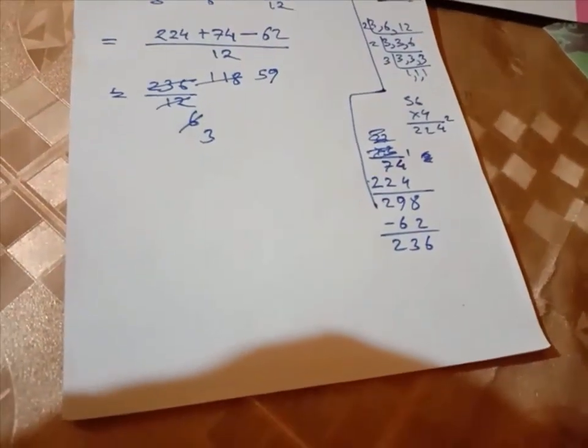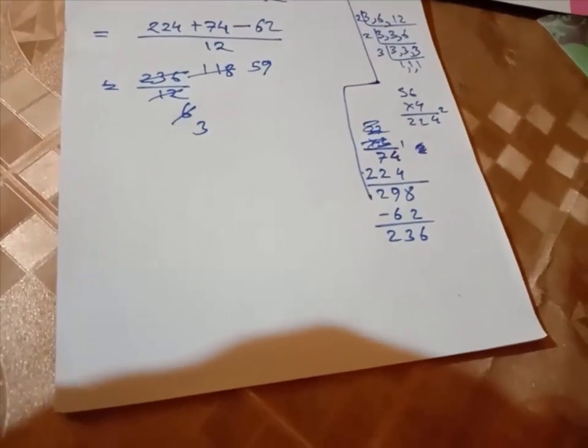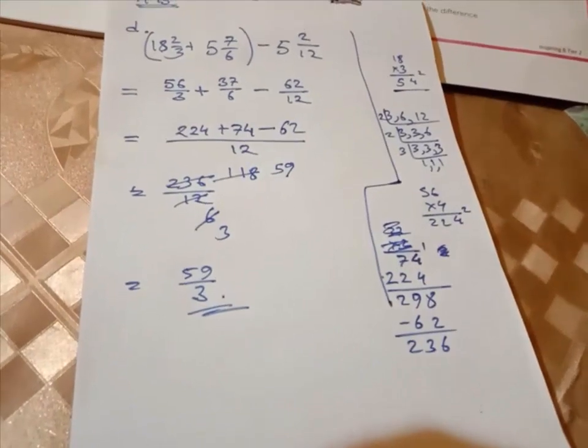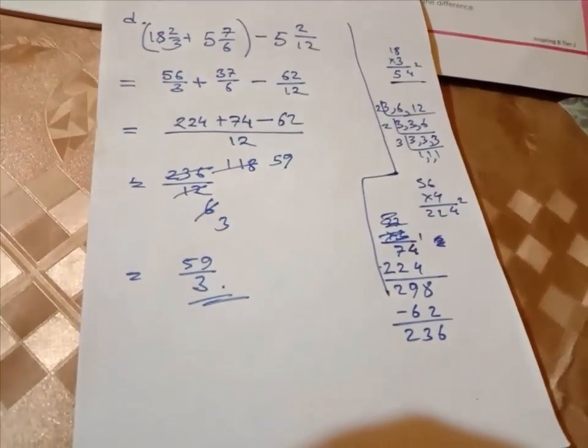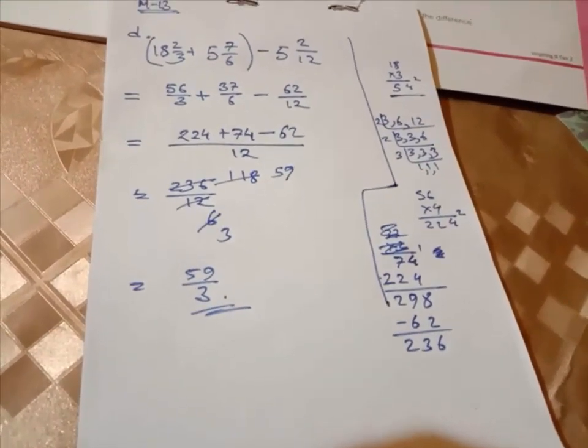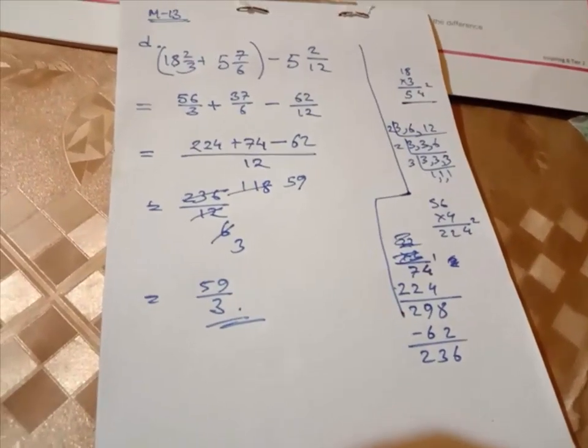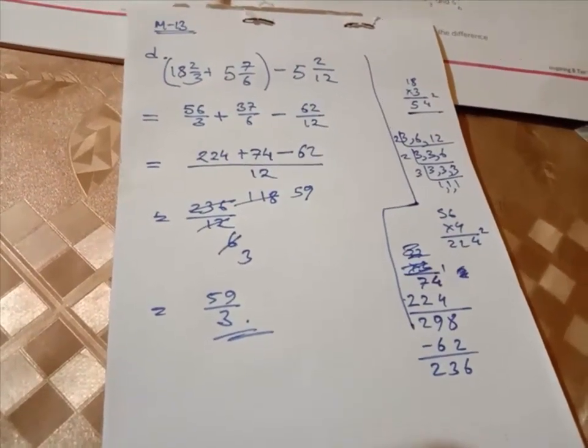So 59 into 2 is 118. So our answer will be 59 by 3. This is how you are going to solve questions C, D and E. I'll give you the answers of all the questions in module number 13 at the end of the video.